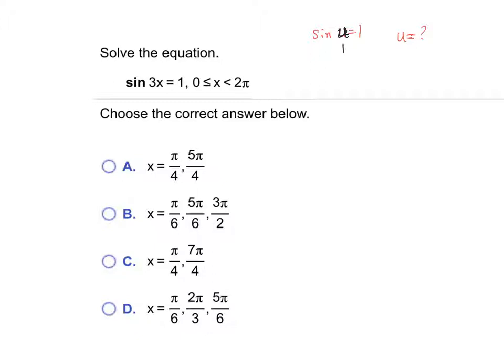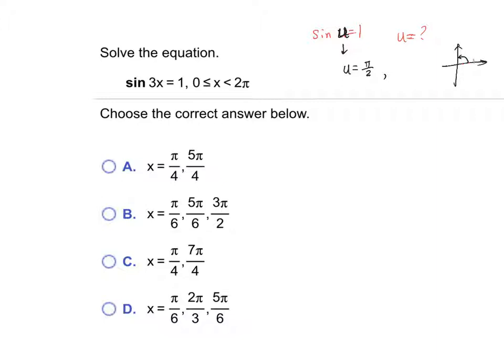Now you do know that in order for sine u equals 1, the u has to be, say, pi over 2, right? Sine pi over 2 is equal to 1. Well, there are other answers as well, because when you look at the pi over 2 angle, I'm going to draw a new angle.